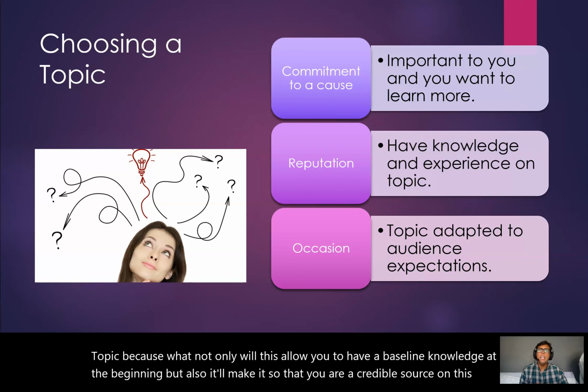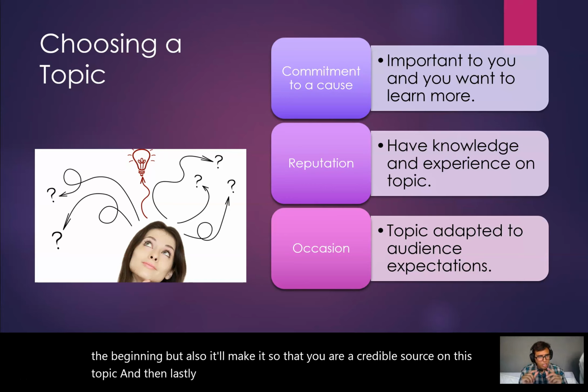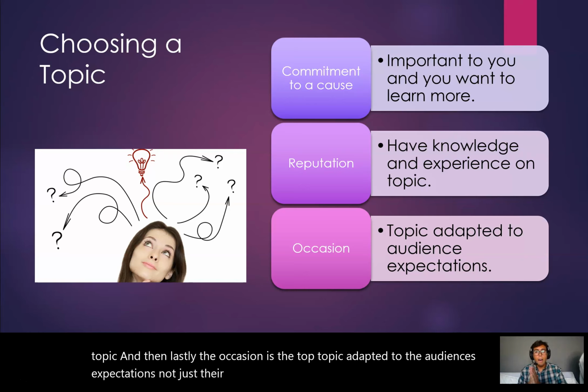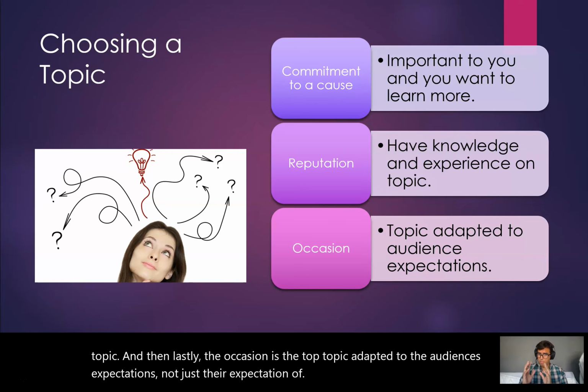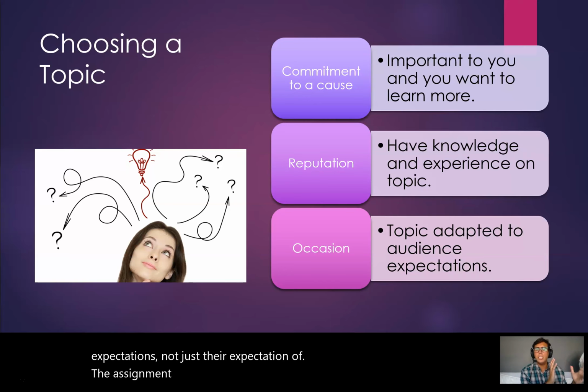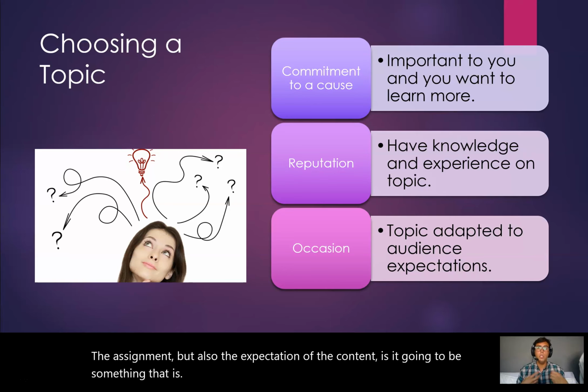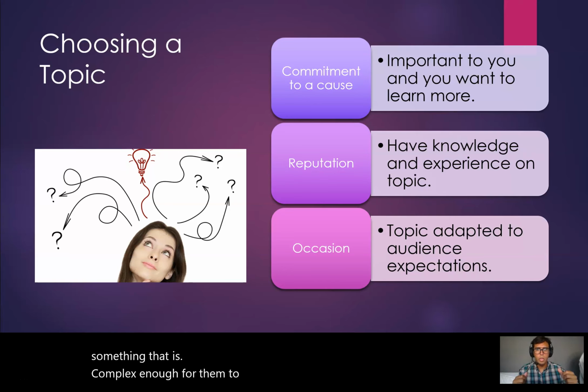And then lastly, the occasion. Is the topic adapted to the audience's expectations? Not just their expectation of the assignment, but also the expectation of the content. Is it going to be something that is complex enough for them to deal with?